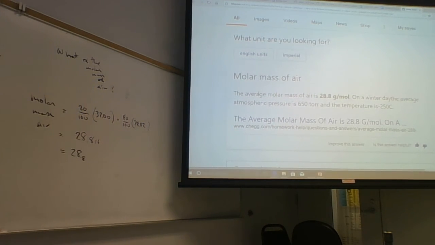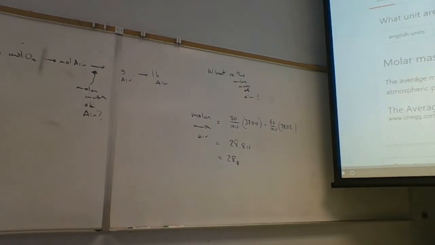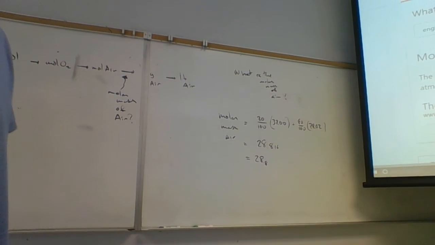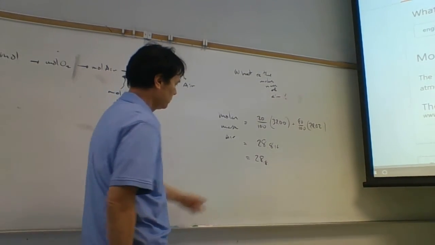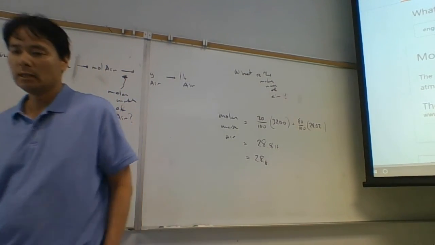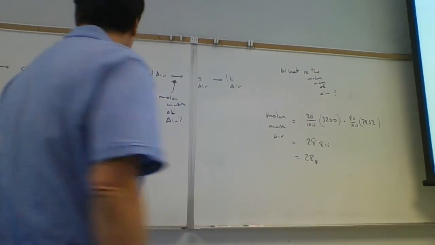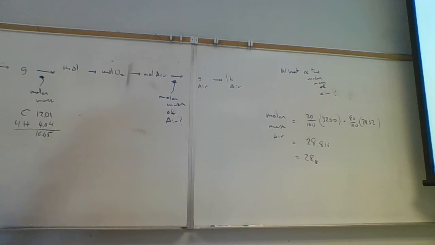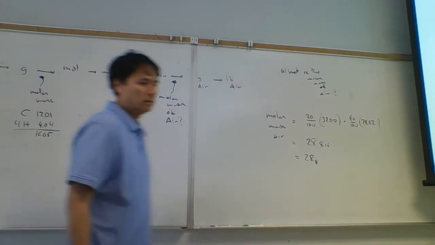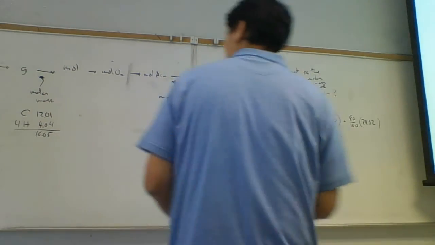This morning I miscalculated. I got 29.4. Screwed up the calculation. But this calculation looks pretty good. Okay. All right. So now we have everything we're going to need to solve this. So it's just dimensional analysis. Normally what you do is you just keep trying to cancel things out until you hit a dead end or you get to the answer.